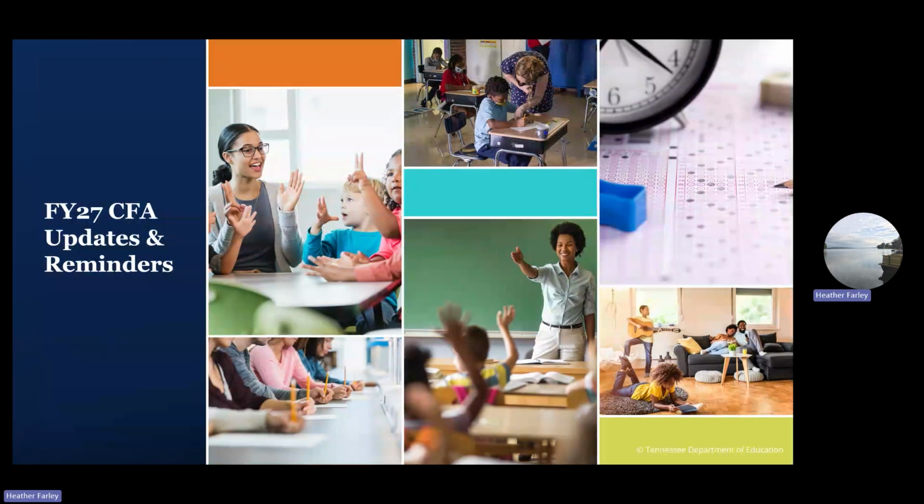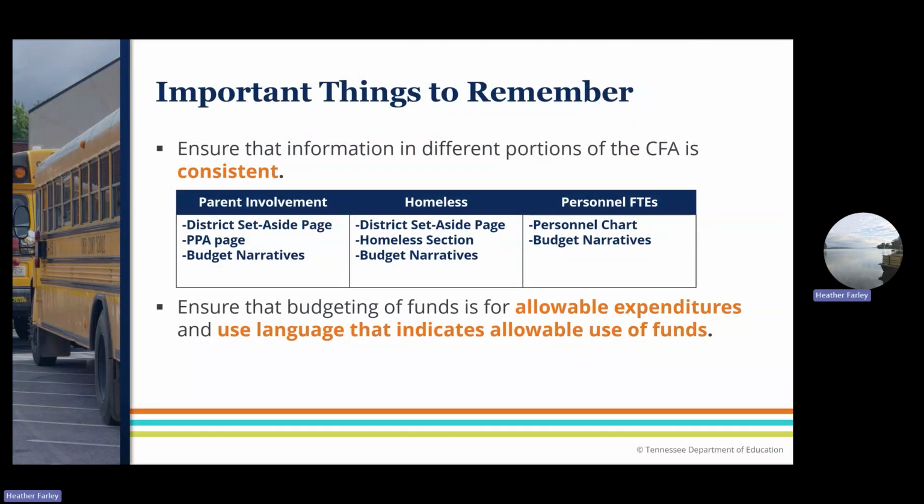We will get started with some updates and reminders for the FY27 CFA. Just remember that there are different portions of the CFA that connect and need to have consistency.